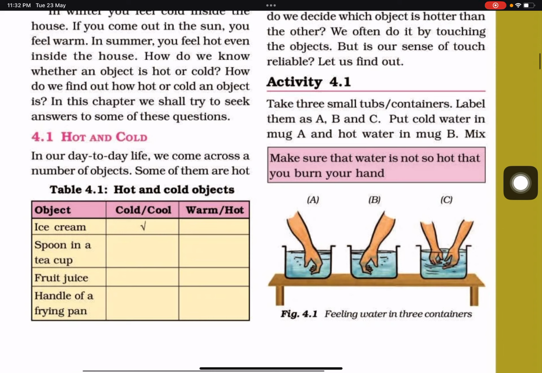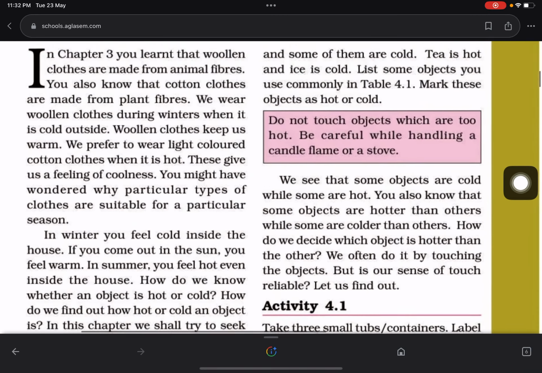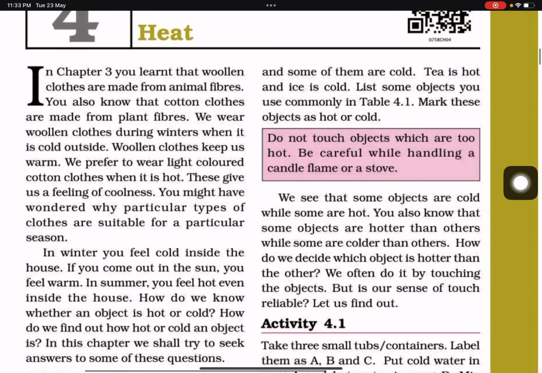Okay, so now what is hot and cold? Hot and cold is a temperature. When we touch something and it gives us some hotness, or when we taste it and it has hotness, we say it is hot.